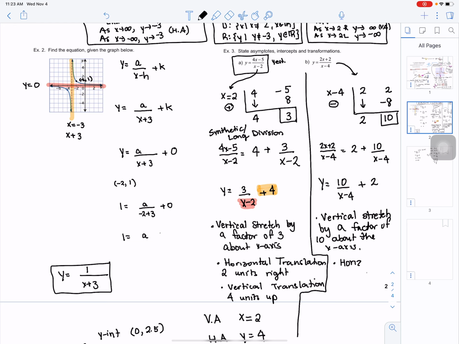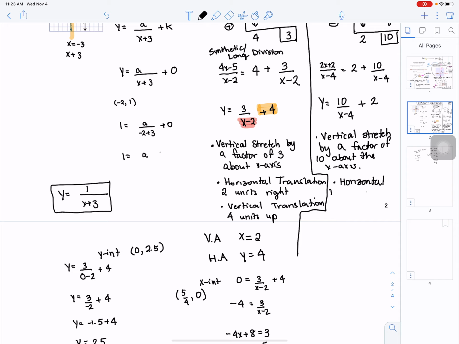Horizontal translation four units right, and then a vertical translation two units up.